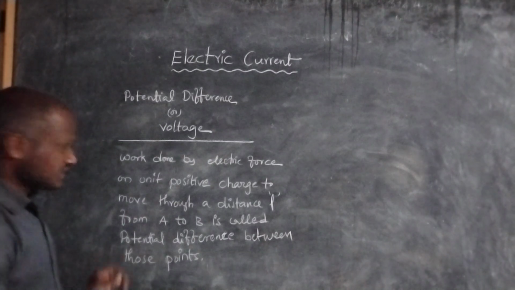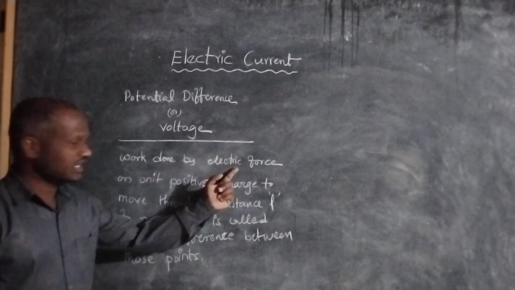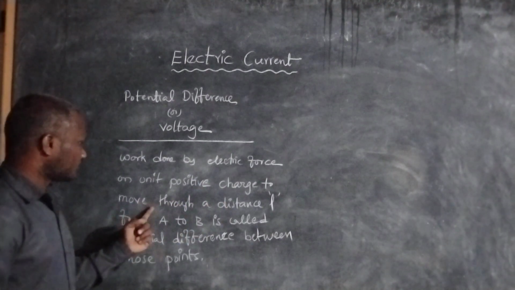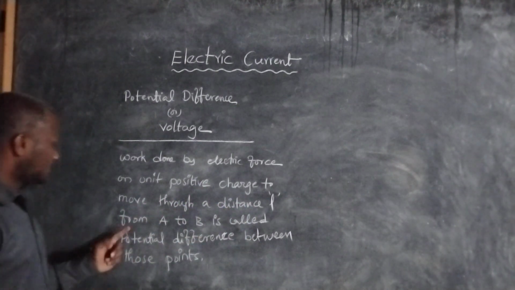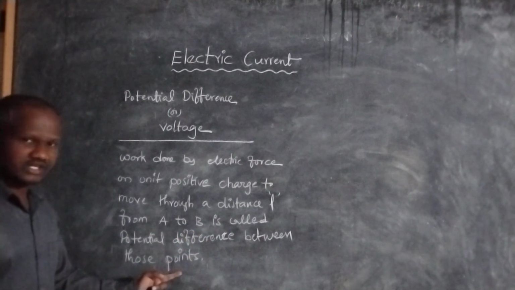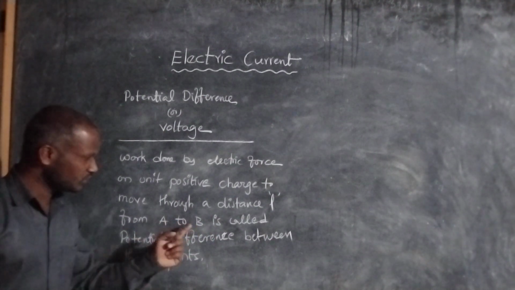So potential difference is defined as work done by electric force on unit positive charge to move through a distance L from A to B is called potential difference between those points. Here those points refers to A to B.